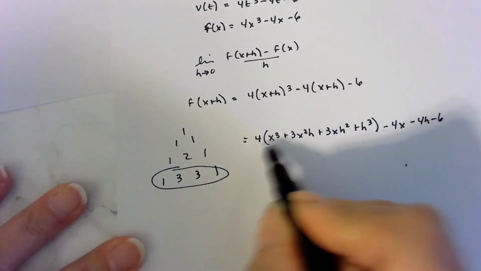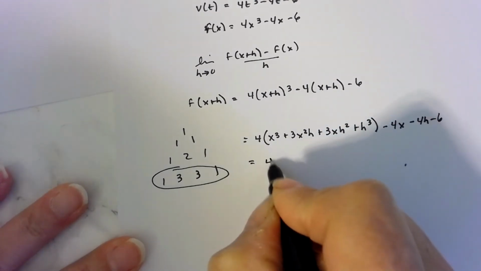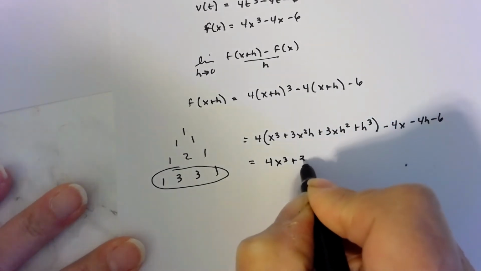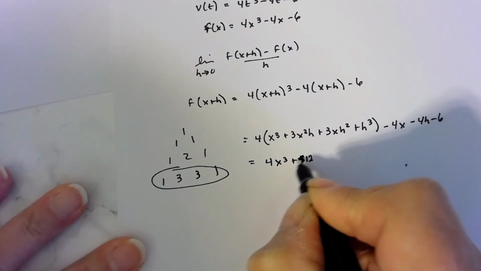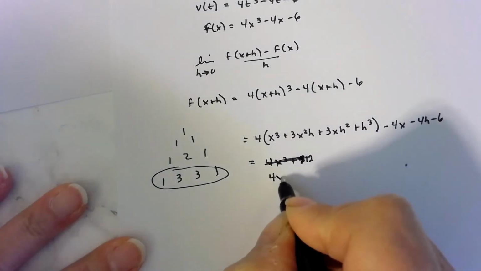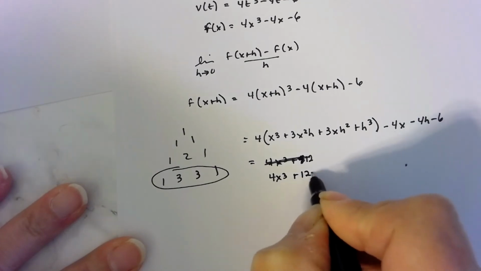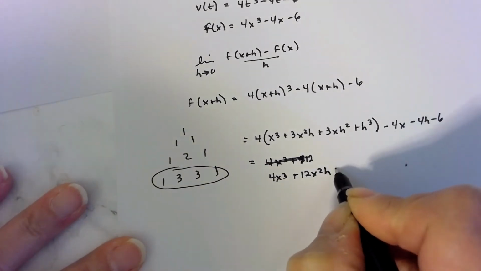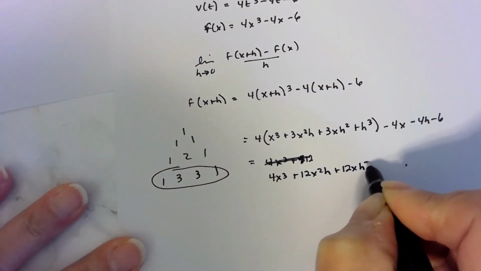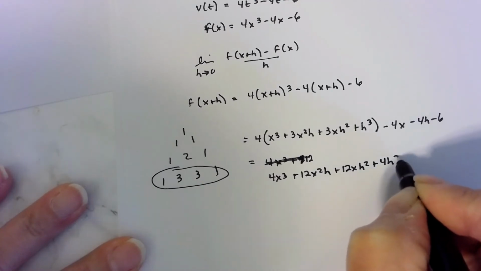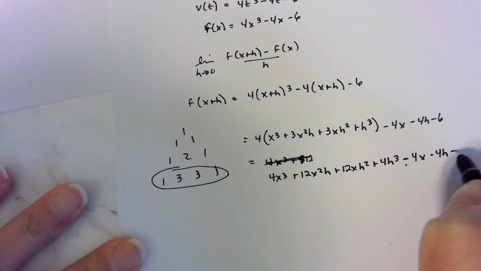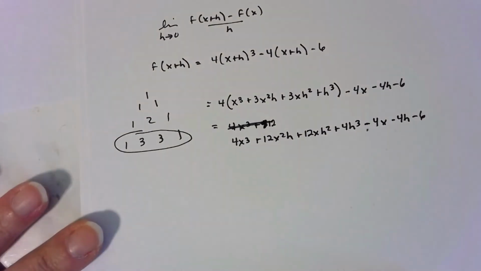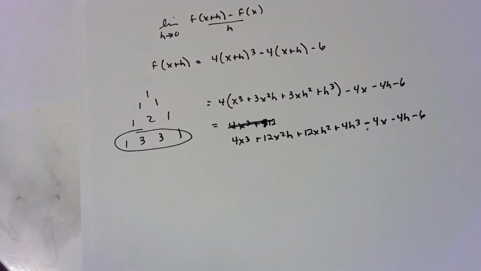And now I'm going to distribute this 4 in here. So we're going to have 4x cubed plus 12x squared h plus 12xh squared plus 4h cubed minus 4x minus 4h minus 6. That's just my f of x plus h.